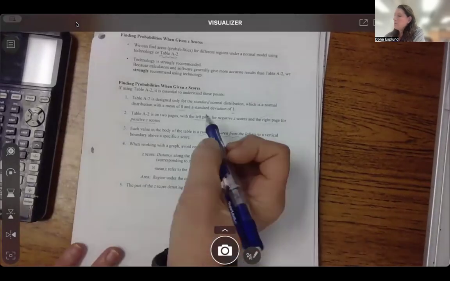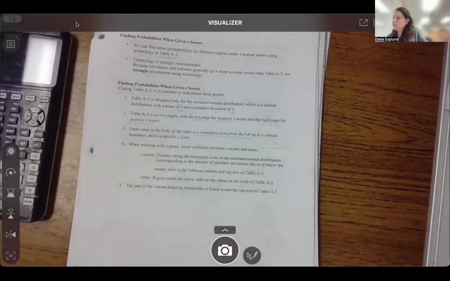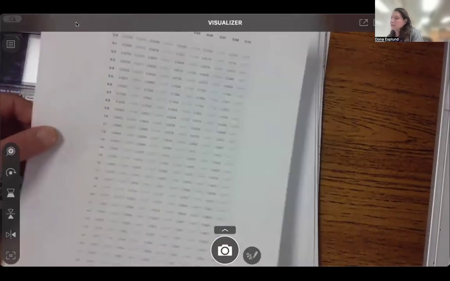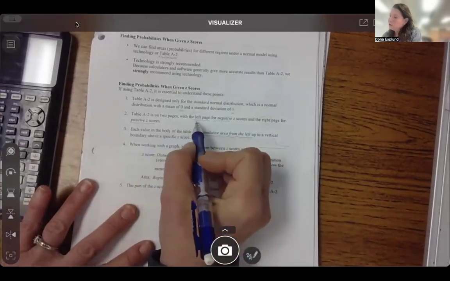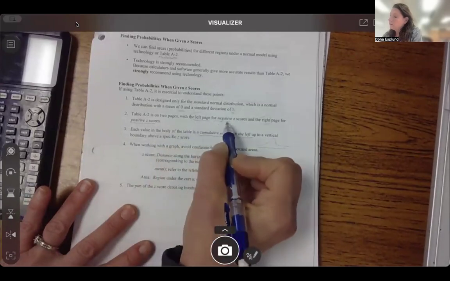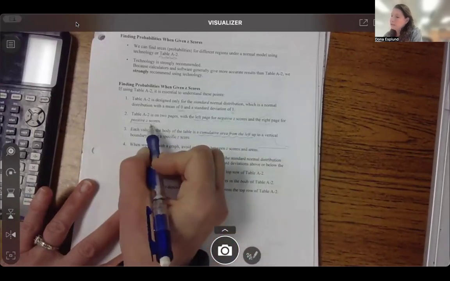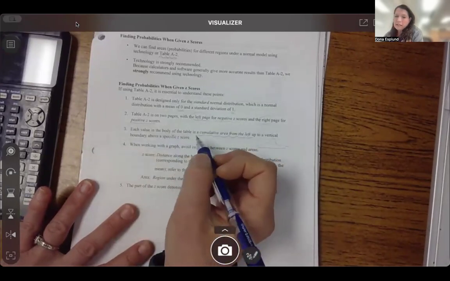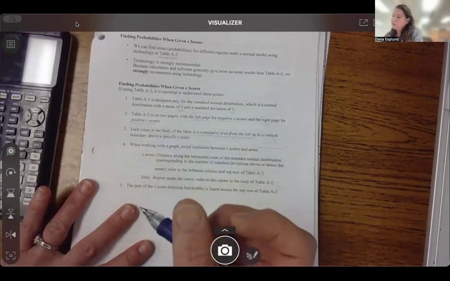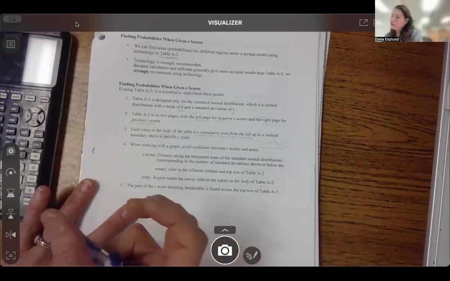Okay. Keep in mind when you're given the z-score distribution table like this, a couple of things you need to know is that there's 2 pages, with the left page being the negative z-scores and the right page being the positive z-scores. All of your z-scores then equate to your probabilities.